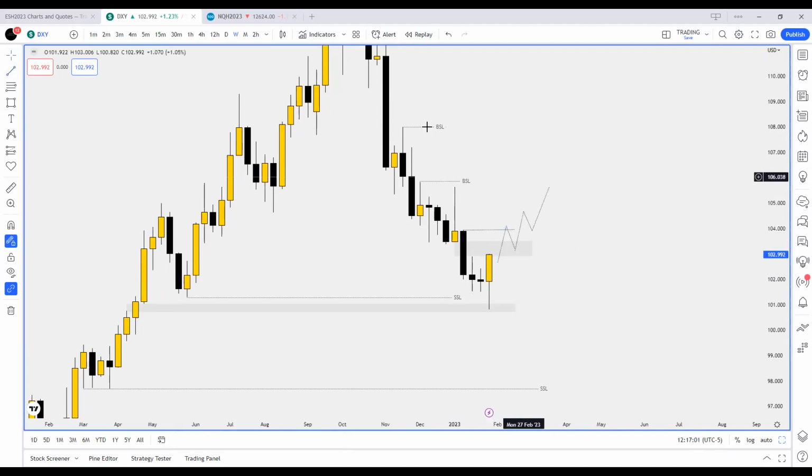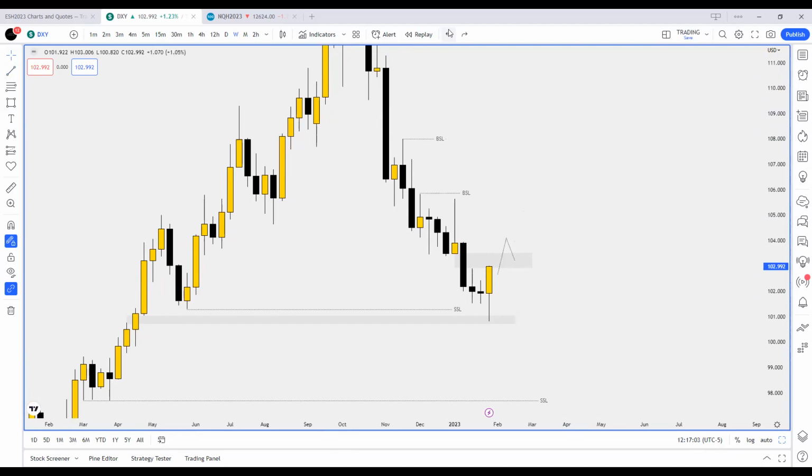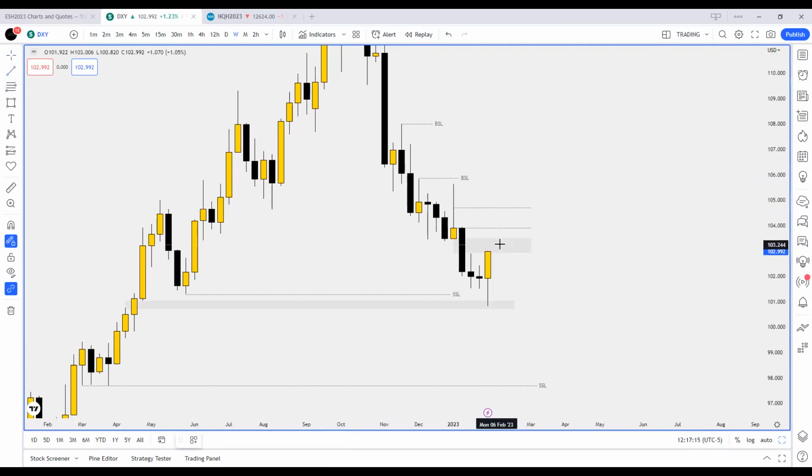So that's something to watch out for, or price could very well use this as a rejection block, use the consequent encroachment of the rejection block, and see if price starts to battle in here. See lower time frames to possibly identify which way it wants to go.